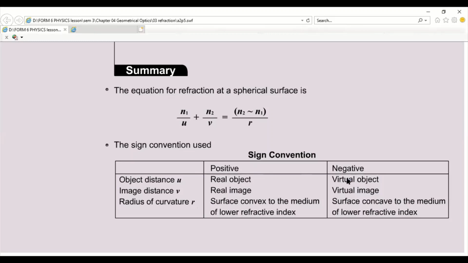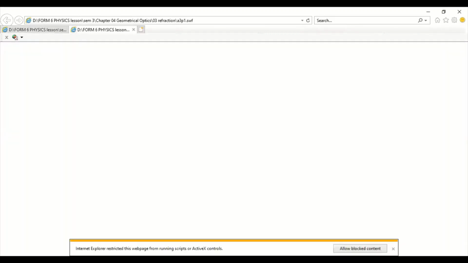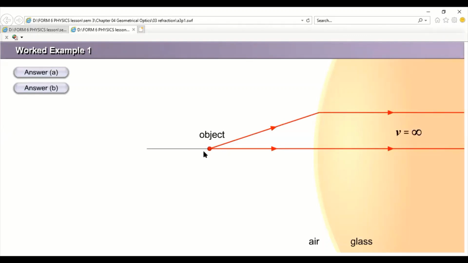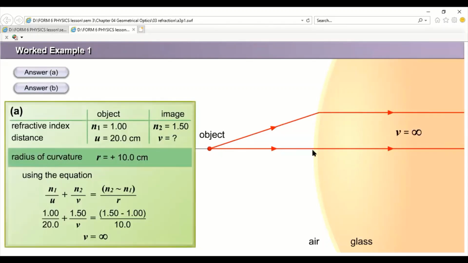Next. Let's have some examples. An object is placed in front of a convex surface at a distance of 20 cm, where the refractive index of air, n1, is 1.